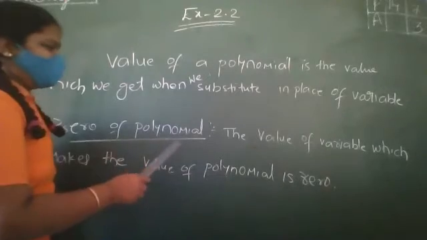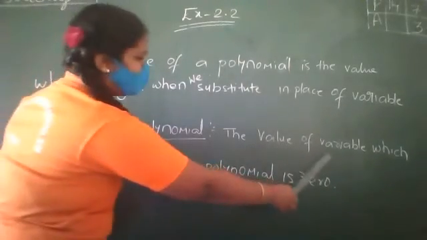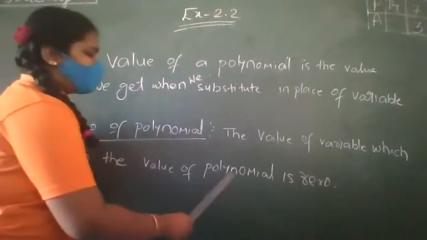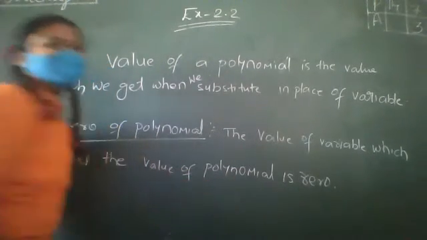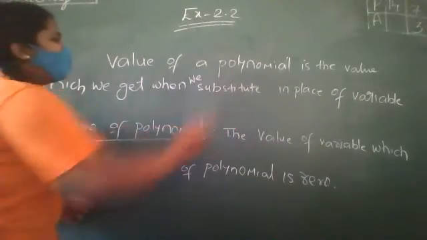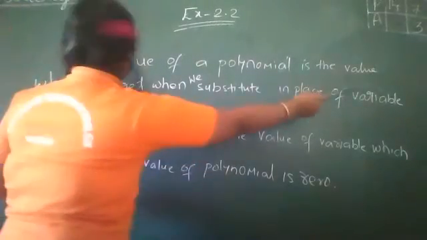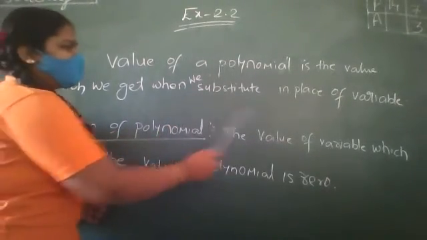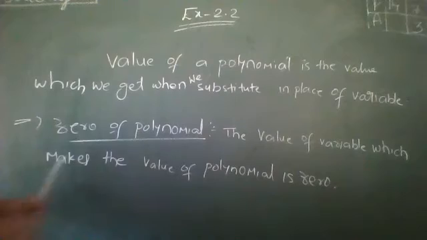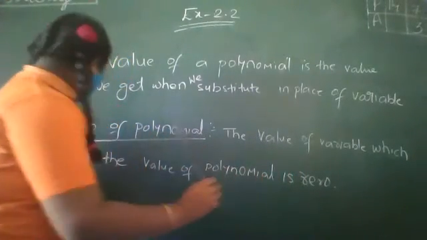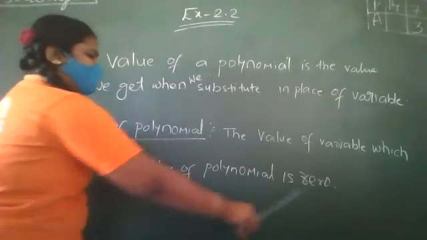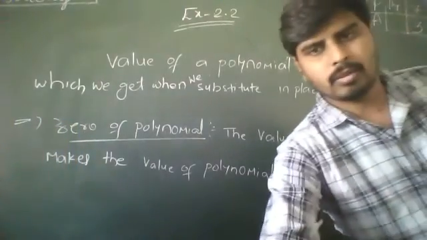Zero of polynomial: the value of variable which makes the value of polynomial is zero. Did you understand now?